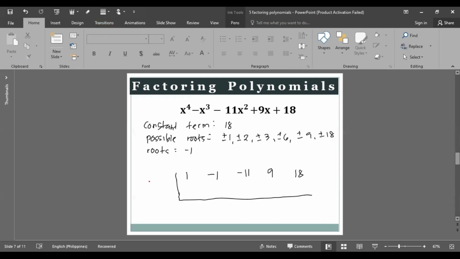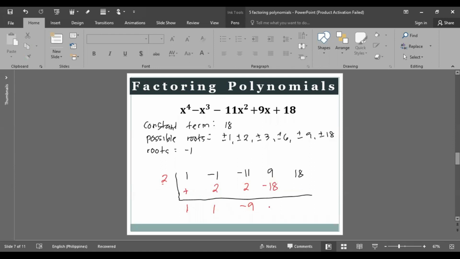Now let's try positive 2. Bring down 1. Multiply, we get 2. Add, we get positive 1, multiply it by 2, we get 2. Add these two values, we get negative 9. We multiply 2 by negative 9, we get negative 18.